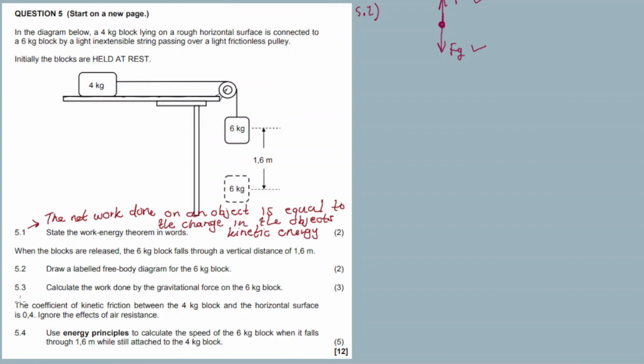And then go to 5.3: calculate the work done by the gravitational force on the 6 kg block.